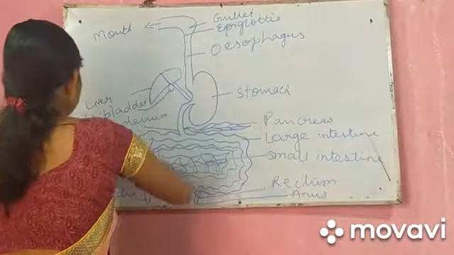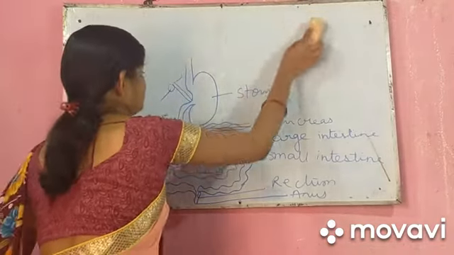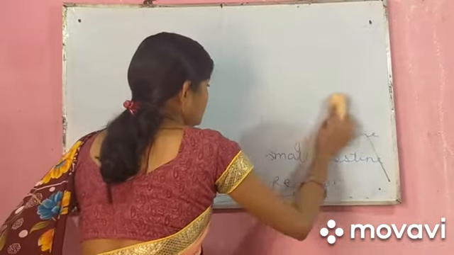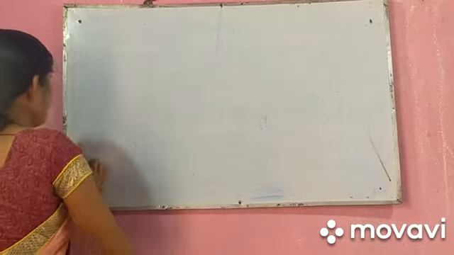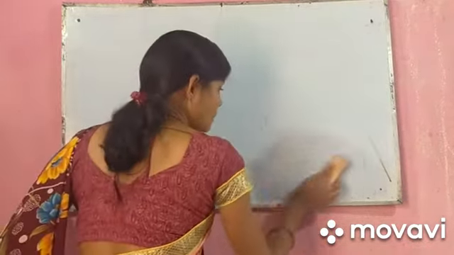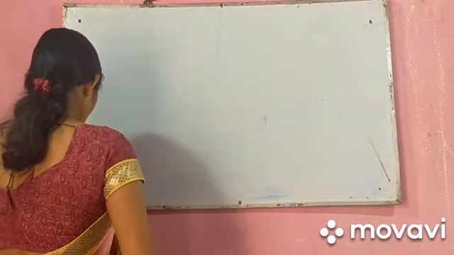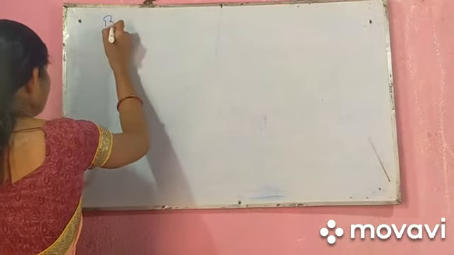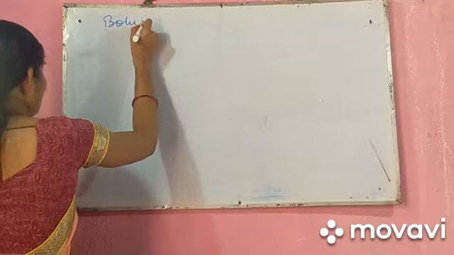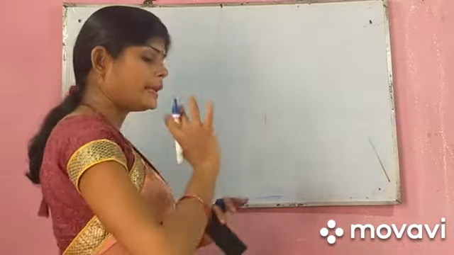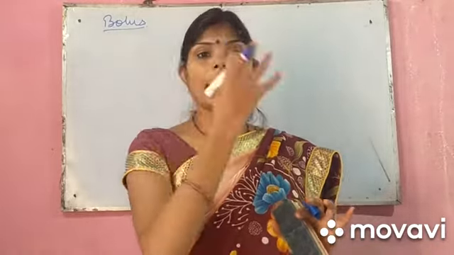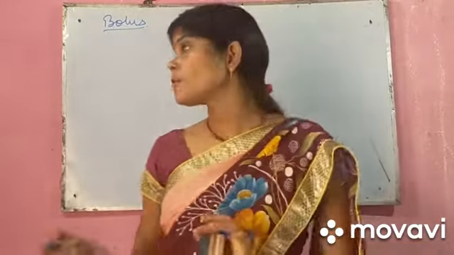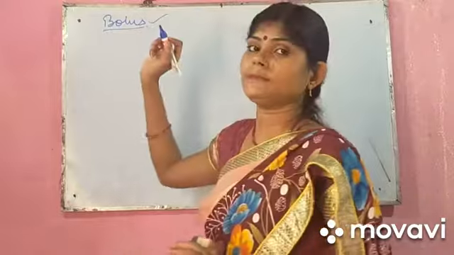The food particle mixed with the saliva in our mouth is known as bolus. The food when crushed, chewed, broken into small pieces and mixed with saliva is called bolus.